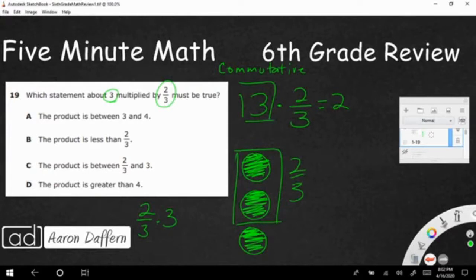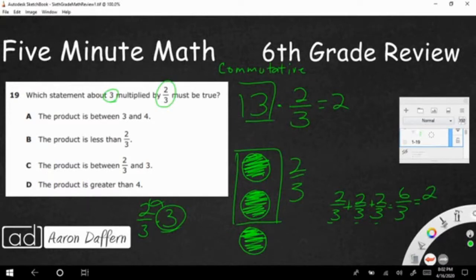That means there are 3 groups of 2/3, like repeated addition: 2/3 plus 2/3 plus 2/3. If you add all those together, you get 6/3, and 6 divided by 3 is 2.